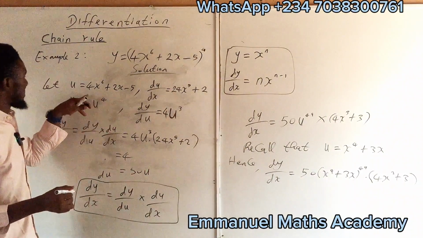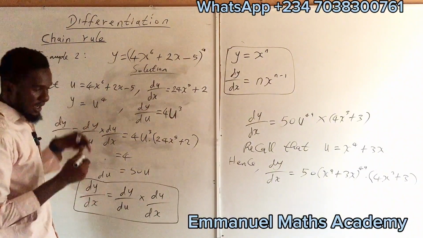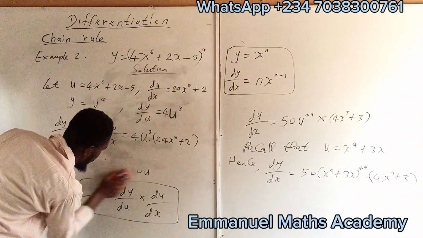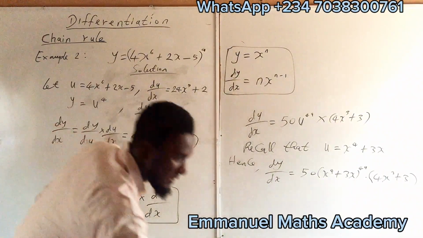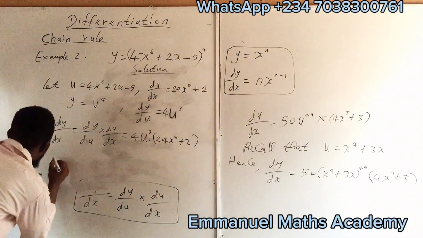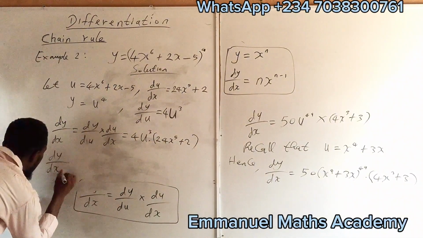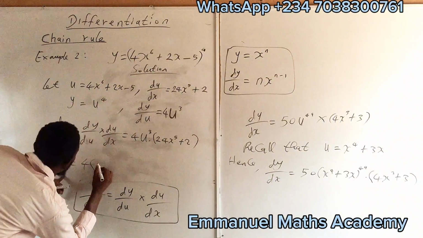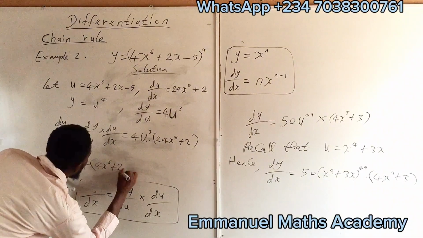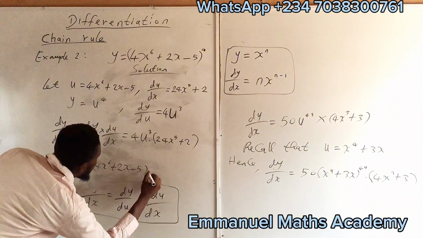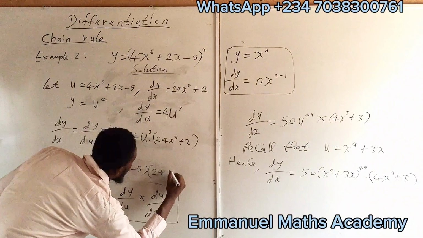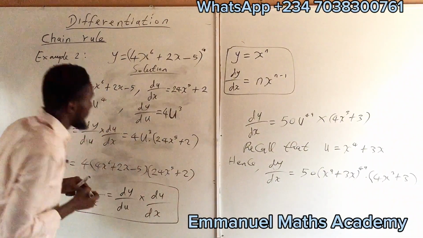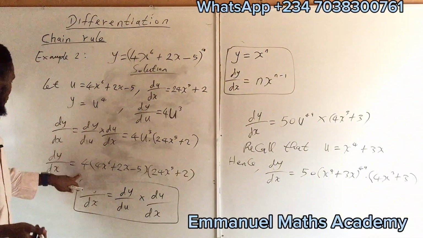Recall that our u is this. Let me leave this formula for the chain rule. Then our dy dx is equal to 4 times (4x power 6 plus 2x minus 5) cubed, times (24x power 5 plus 2). As simple as that.